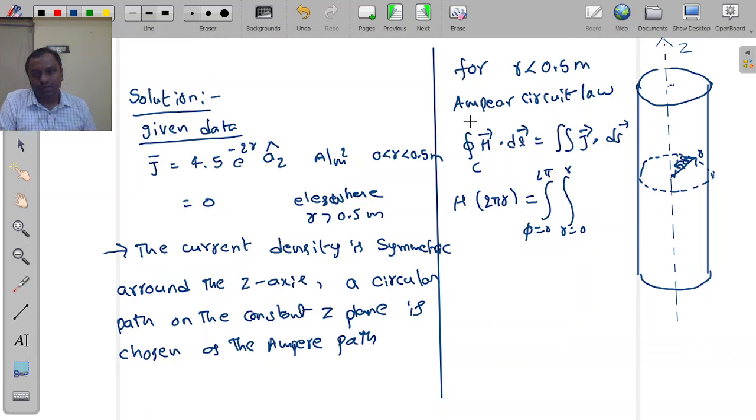For r less than 0.5, J is 4.5 e power minus 2r into a z. What is the ds value? ds is r dr d phi in the z direction. So this is the ds component.